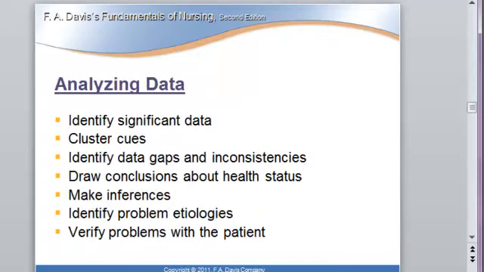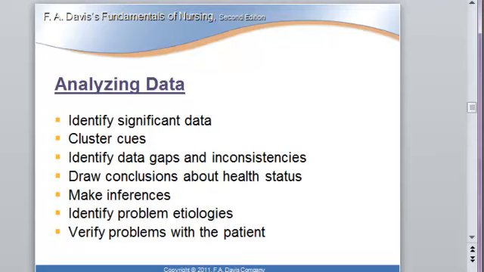So when we analyze our data, you want to narrow the field of that data. You identify the significant ones. You cluster the signs and symptoms and what goes together, identify the data gaps and the inconsistencies so you can validate, draw conclusions about that data and about your patient's health status. You do make inferences. I said before you don't make inferences.